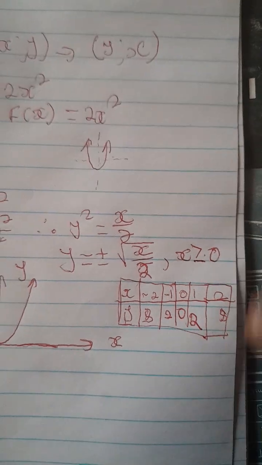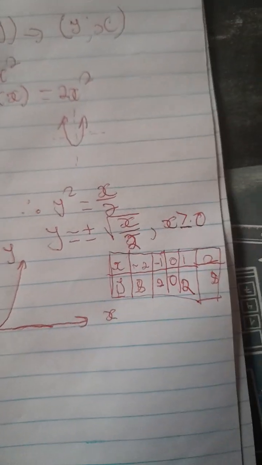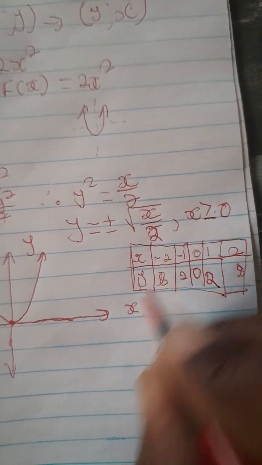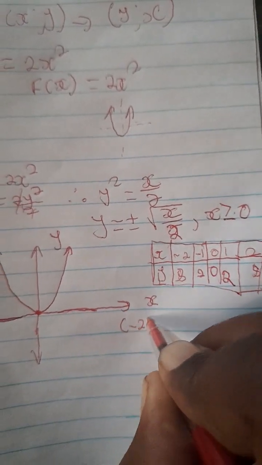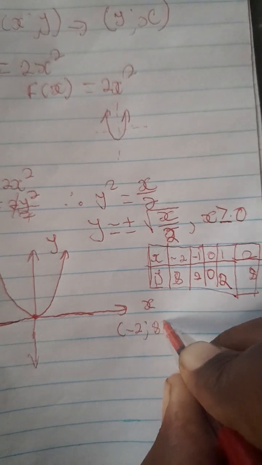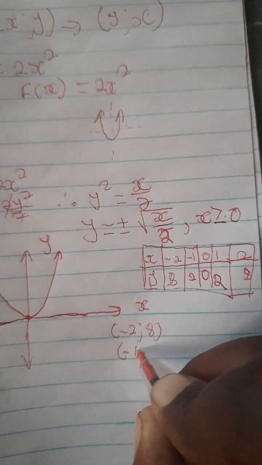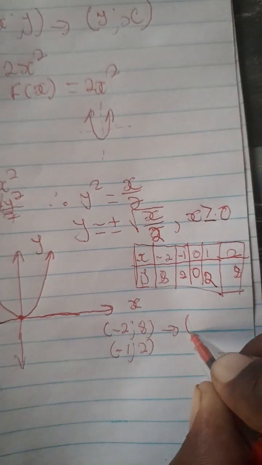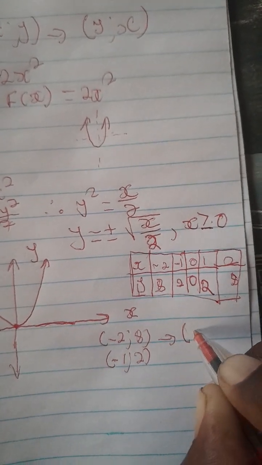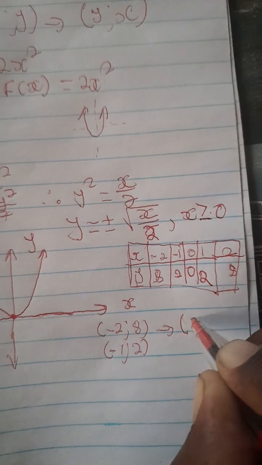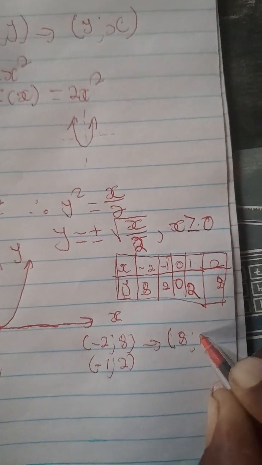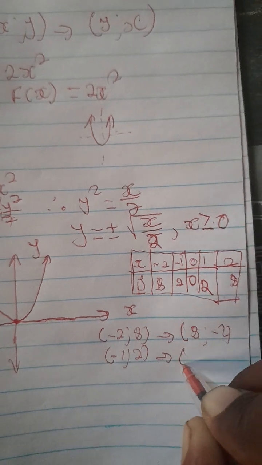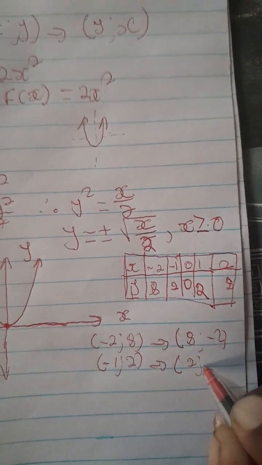Okay, so I'm having these values: -2 and 8, and also -1 as well as 2. So we will swap the coordinates. Where there is x, you replace it by y, and where there is y, you replace it by x. So this will be 8 and -2, and this one will be 2 and -1.